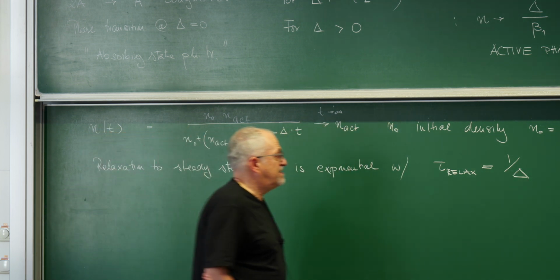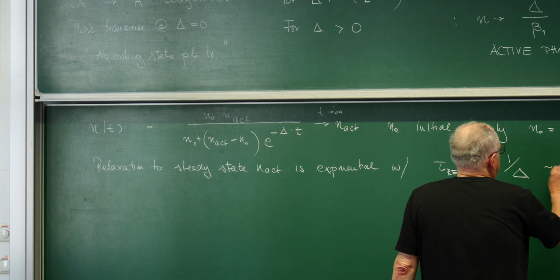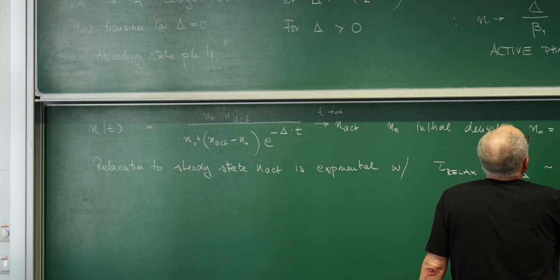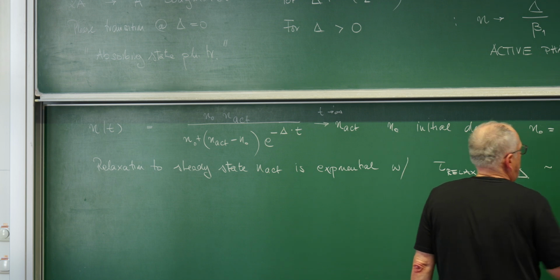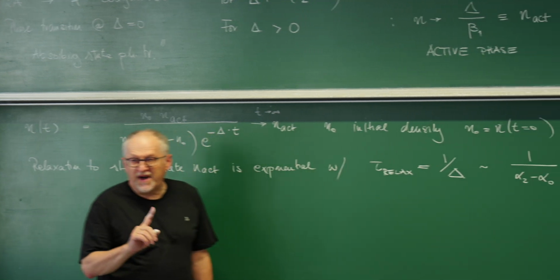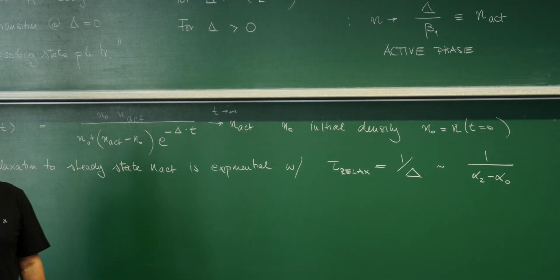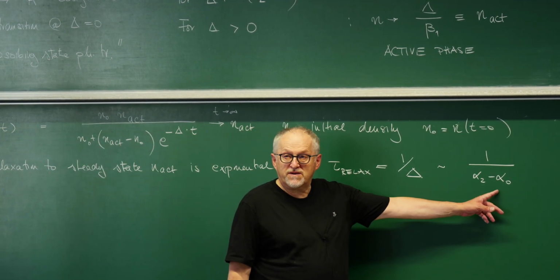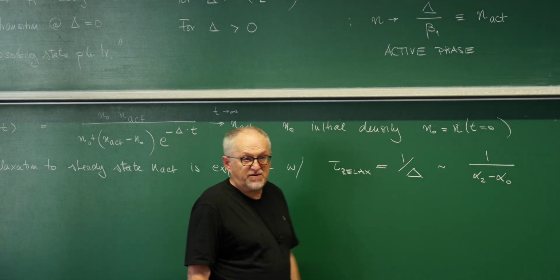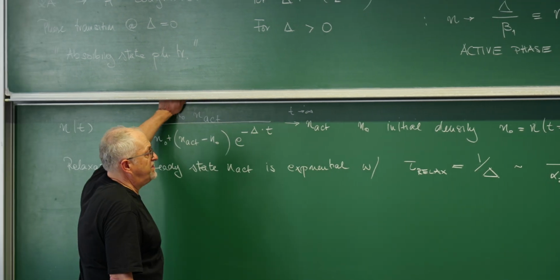And that means that if I write this out, this is 1 over alpha 2 minus alpha naught. So if you fine-tune the birth and the death rate in such a way that they equal each other, then these relaxation times go to infinity.